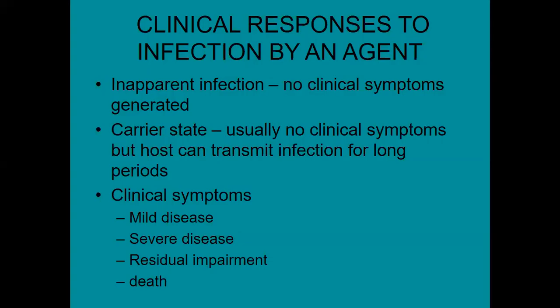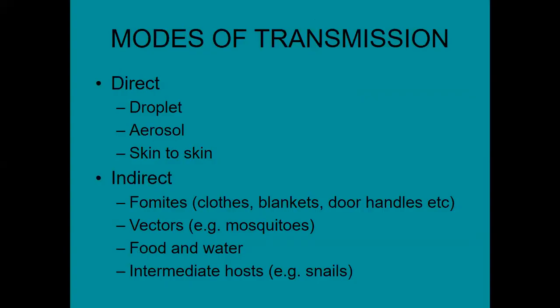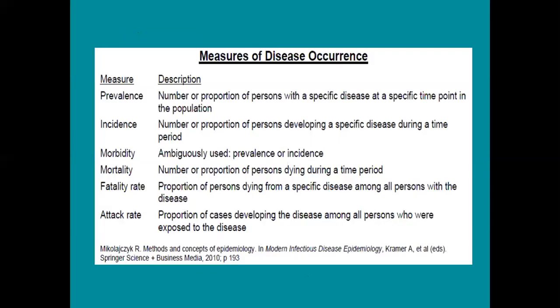Pyemia is pus. It is the pus producing bacteria. It's a misnomer actually. Pus producing bacteria is pyemia. Okay. You have got direct, indirect. We have got intermediate host.